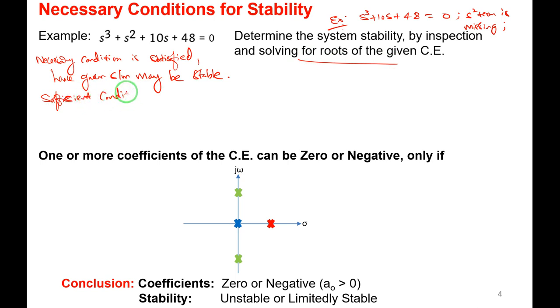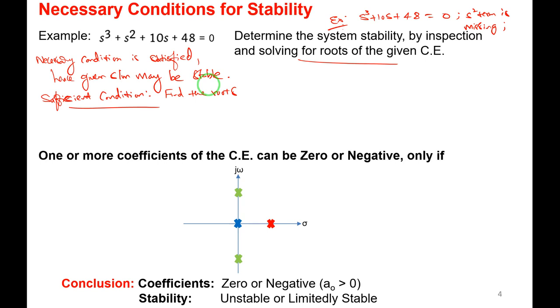There are two ways of proving the sufficient condition. One is solving for the roots, another one is the Routh stability criterion. We have not yet studied that, right? So find the roots of the given equation. Once again, I will make use of the calculator. I'll go to mode, I'll go to equation, then I'll go to degree 3.